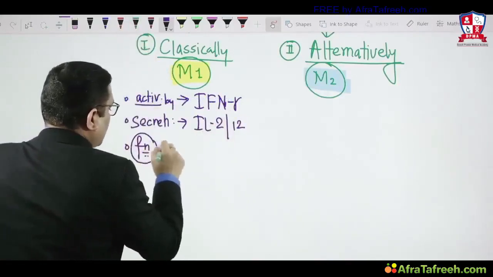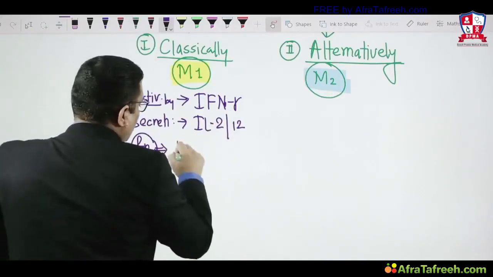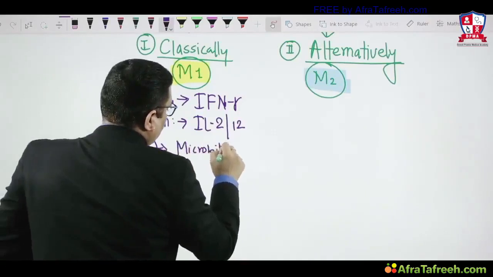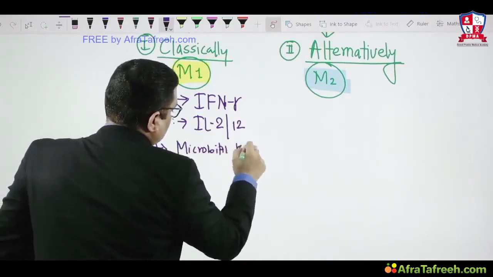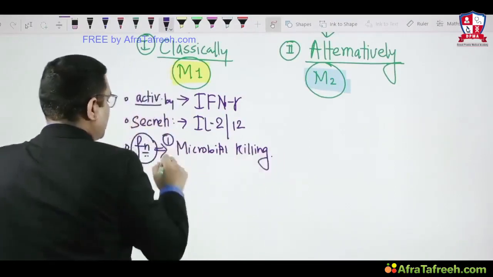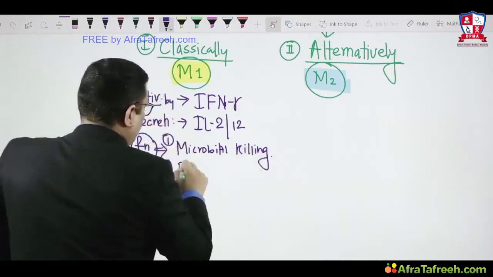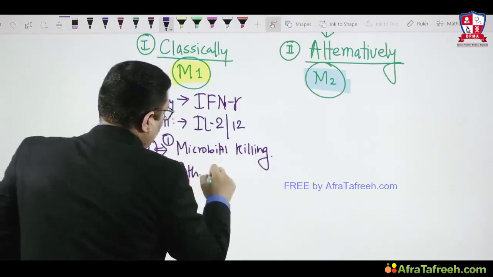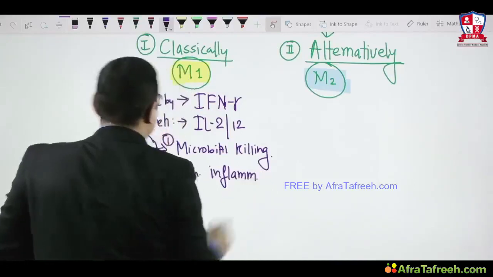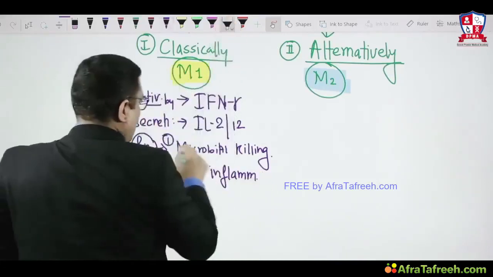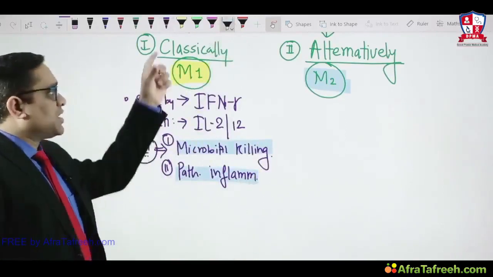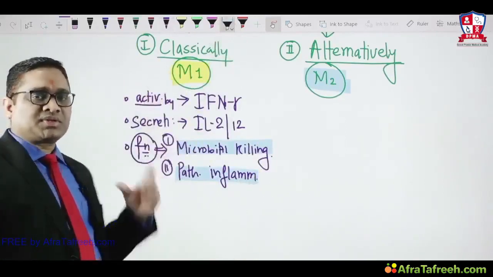Their main function is microbial killing. Classically activated macrophages are responsible for microbial killing and are associated with pathological inflammation. These are the two important things we have to remember: microbial killing and pathological inflammation are associated with the classically activated macrophage, M1.